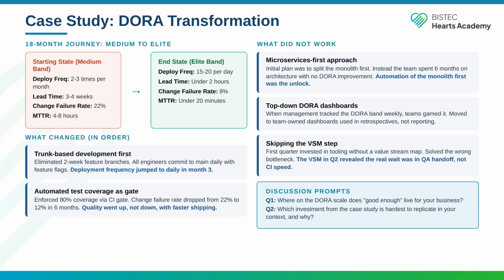Third, they invested in automated recovery playbooks, so MTTR became a function of automation speed, not engineer availability. The lesson is that the changes were mostly process and organizational, not technical. Elite performance is achievable without a new tech stack. It requires eliminating the systemic weight that is hiding inside your delivery process.